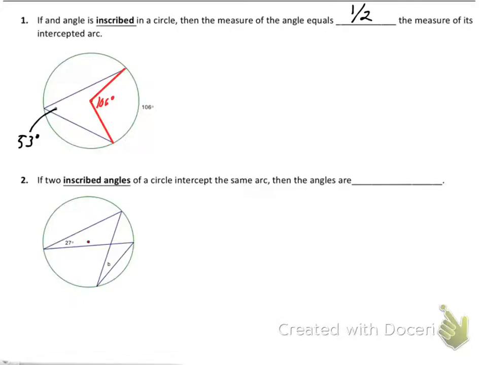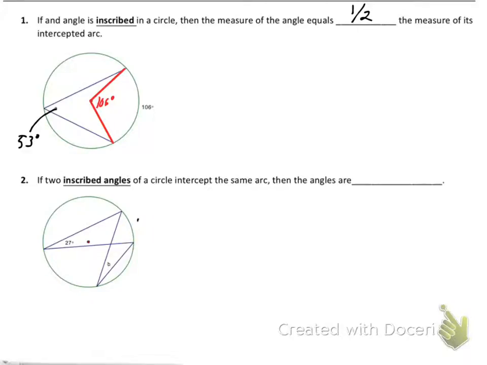All right, so it says if two inscribed angles of a circle intersect the same arc, then the angles are, well, let's figure it out. If this inscribed angle is 27, what is the arc it creates? Not 27, what should it be? 54.